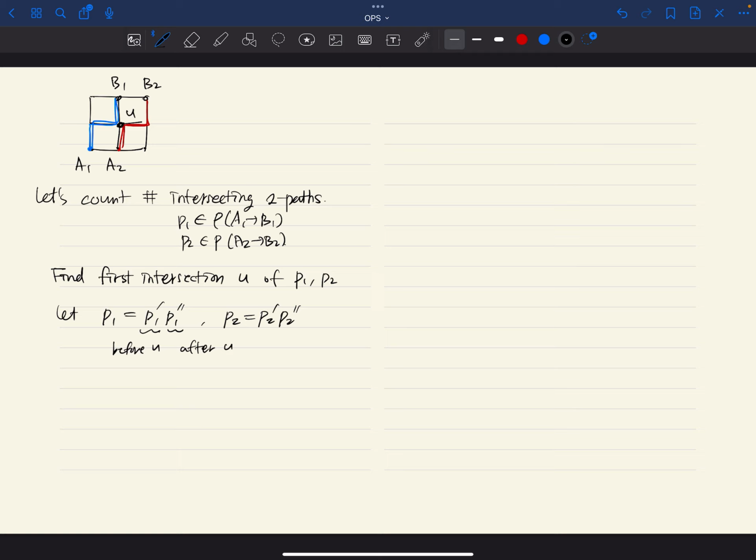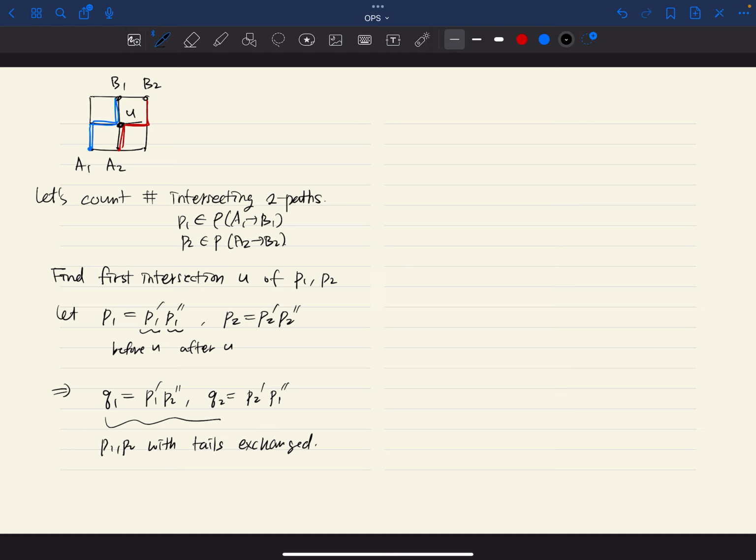And similarly for P2. Then we define Q1 as P1 prime followed by P2 double prime, and Q2 as P2 prime followed by P1 double prime. In other words, basically P1, P2 with the tails exchanged.